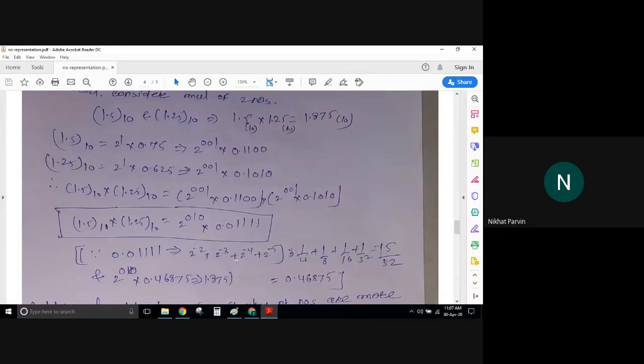Now you see, the mantissa value is how much now? 0.46875 means it is less than 0.5, right? Then you may say it is wrong. No, it is not wrong, because when you simply represent in the floating point number, you said that your m is from 0.5 to 1. But when you are multiplying the two mantissas, when you are multiplying the two numbers, the range of mantissa is 0.25 to 1.